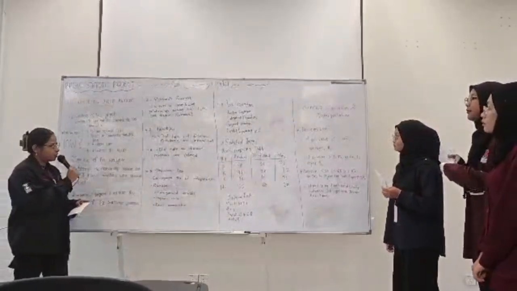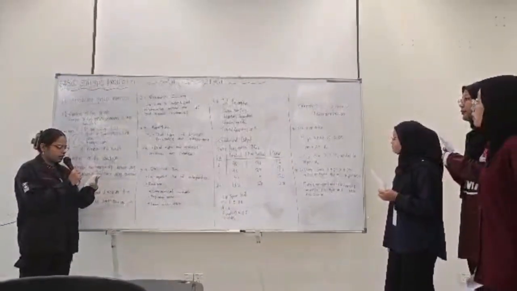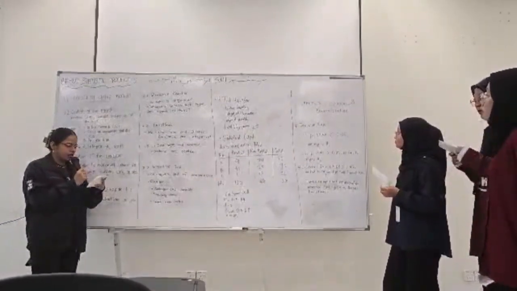Now section 2.4. Before performing the chi-square test of independence, several assumptions must be met.